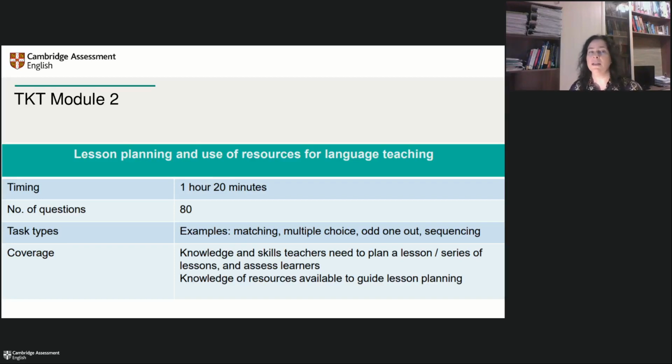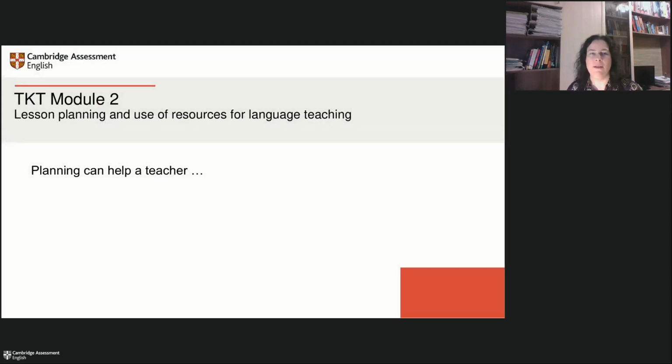You can see that the model covers the area related to lesson planning. So let's have a look what it is like. First, I wanted you to make a sentence about your attitude to planning. I know some people find it daunting, some people don't do it at all, they think it's a waste of time, some people just follow course book materials and they feel it's not necessary.